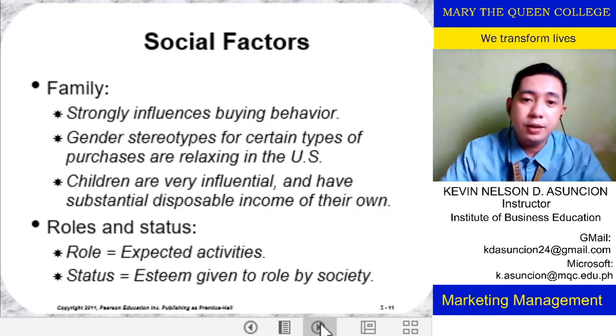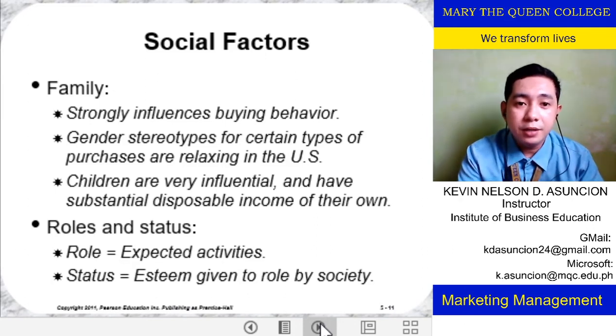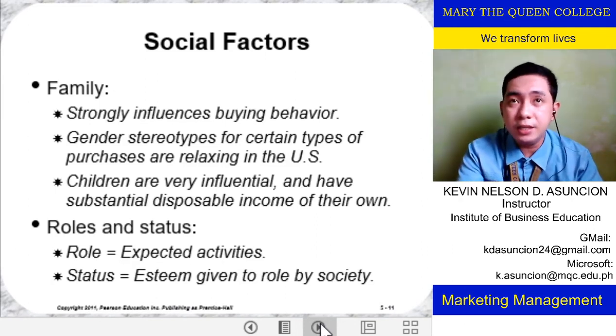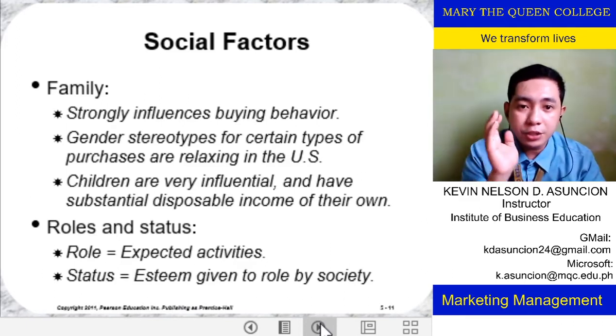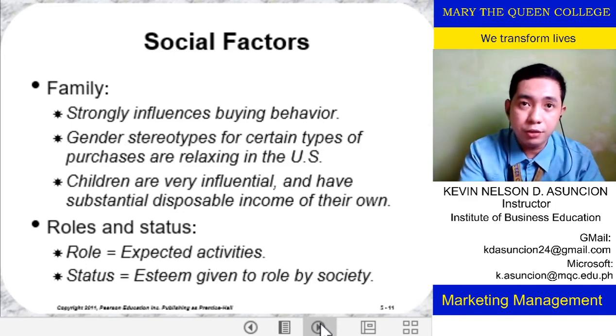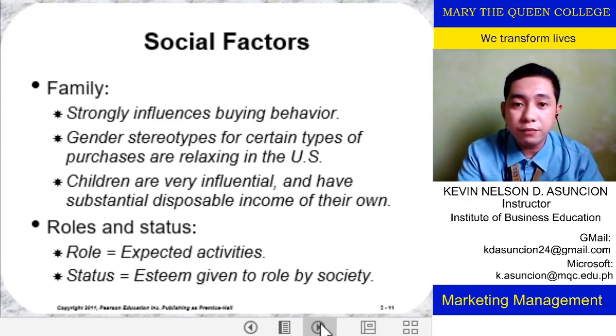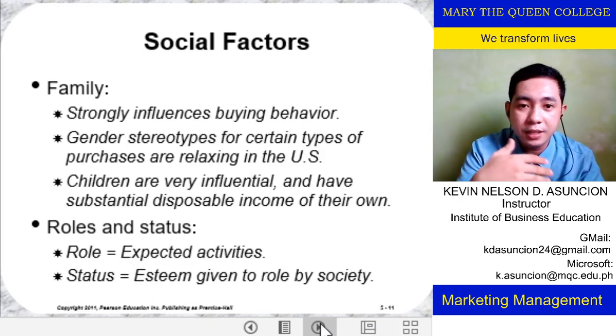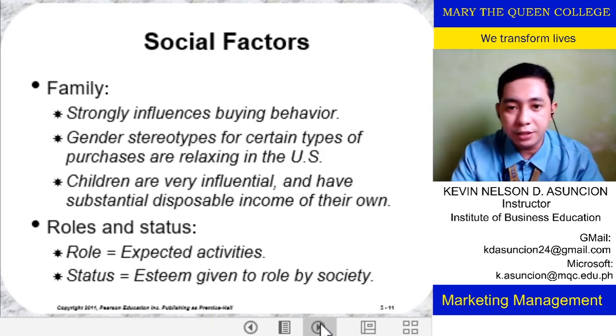So your social factors are also affected by family, because family is the smallest social unit. Your family strongly influences your buying behavior. That's what I mentioned also in the cultural factor, because as we are part of the society, gender stereotypes for certain types of purchases are relaxing in the US, so nagiging gender neutral na.